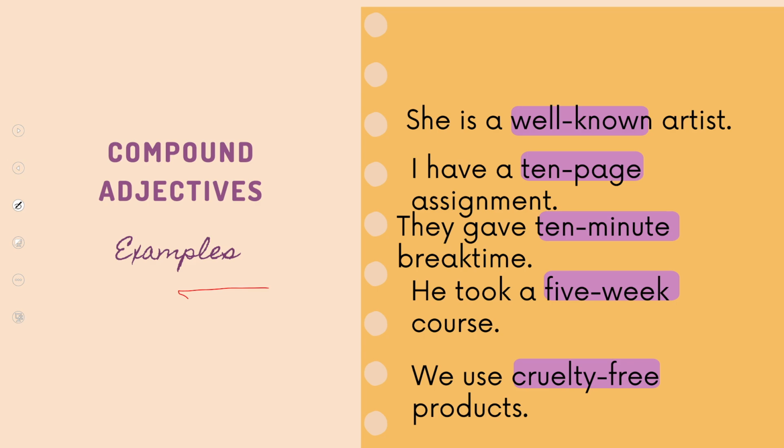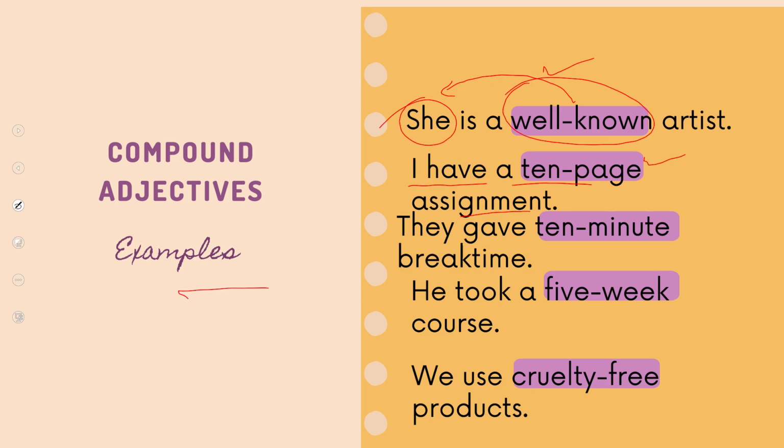Here we have an example. She is a well-known artist. Now, well-known is actually a compound adjective. These are two words separated by a hyphen, but they are acting as one compound adjective. It's describing our pronoun, which is she. I have a 10-page assignment.